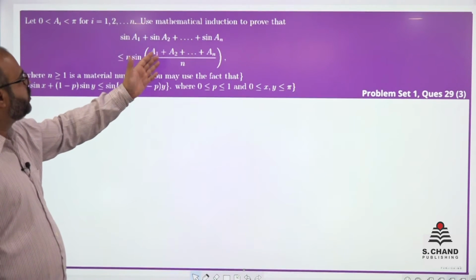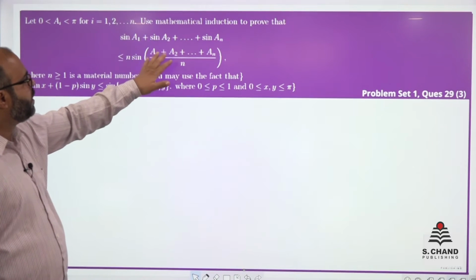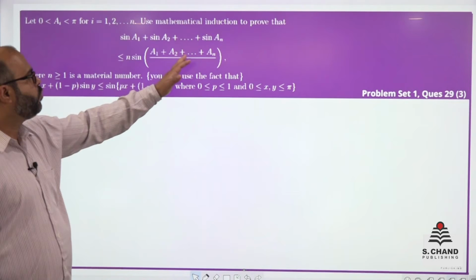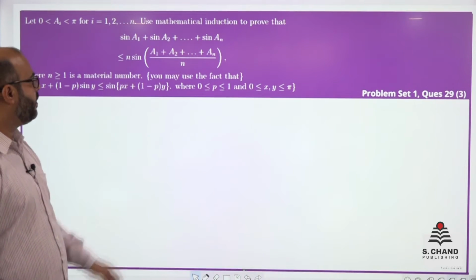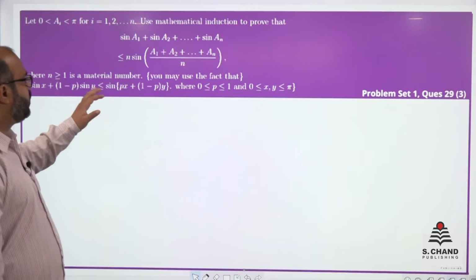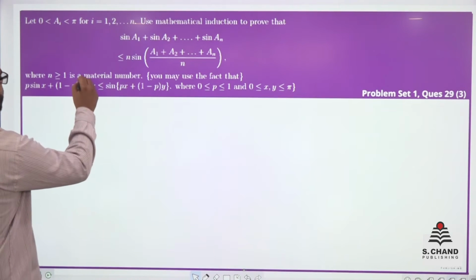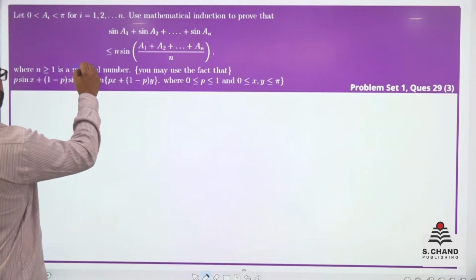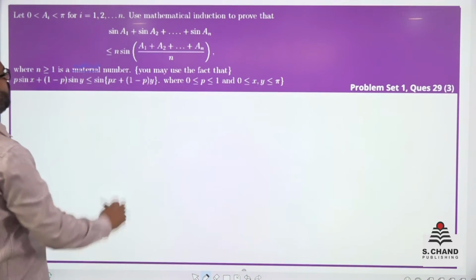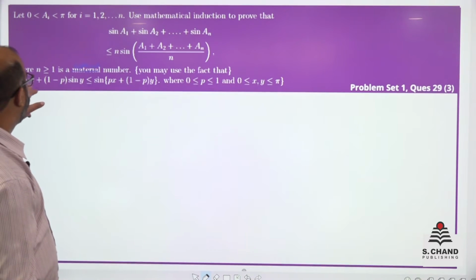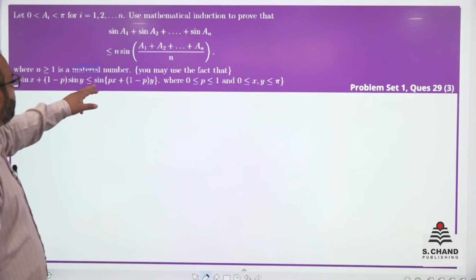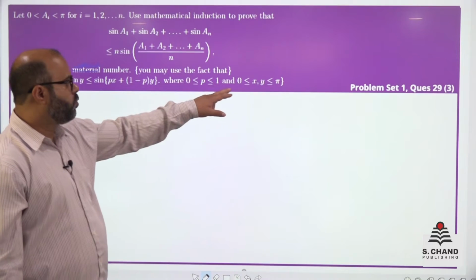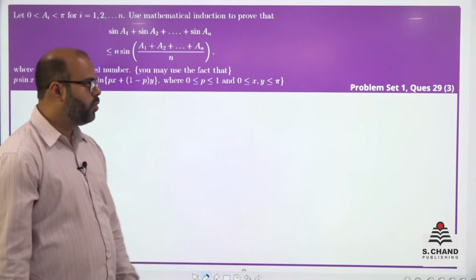Use mathematical induction to prove that sin A1 plus sin A2 till sin An is less than or equal to n times sin of (A1 plus A2 till An, all in addition, upon n), where n is greater than or equal to 1, a natural number. You may use the fact that p sin x plus (1 minus p) sin y is less than or equal to sin of (px plus (1 minus p)y), where p is between 0 to 1 and x, y are between 0 to pi.